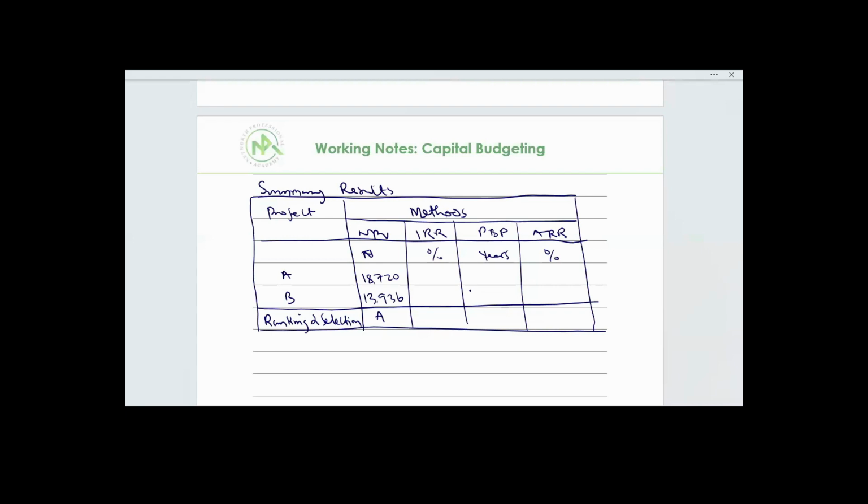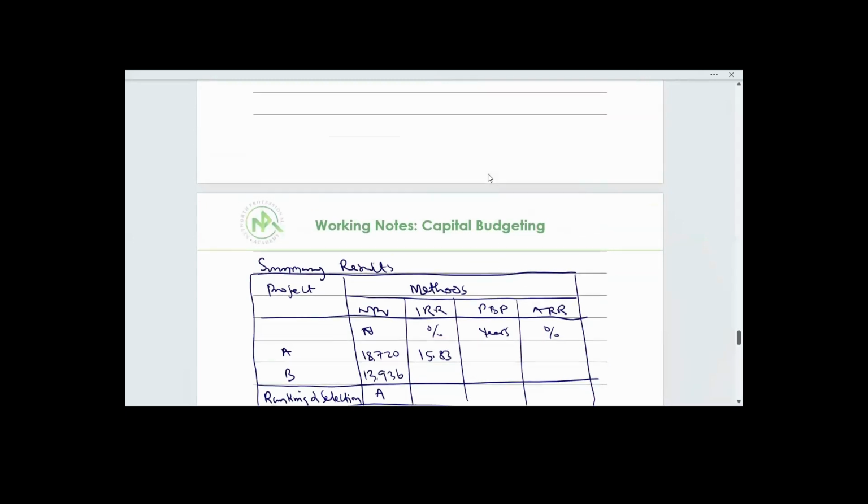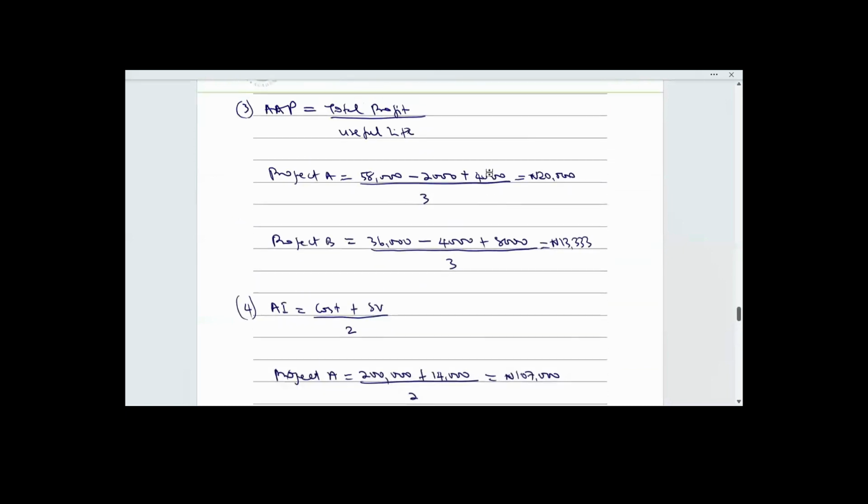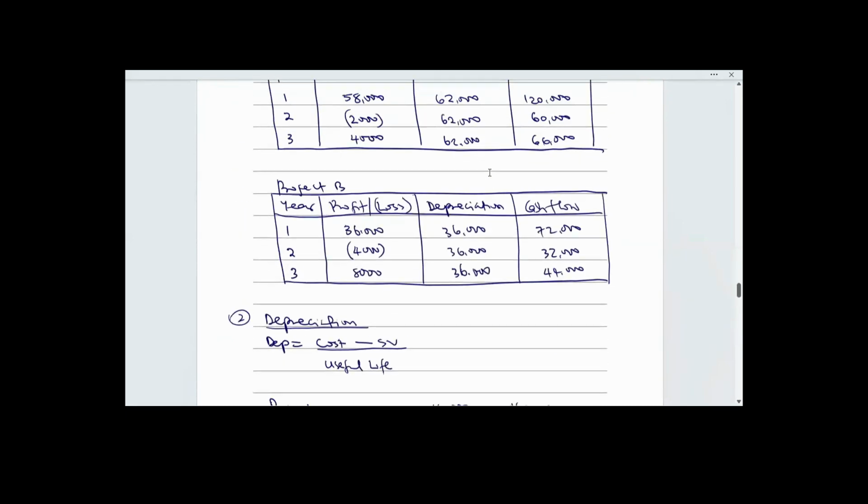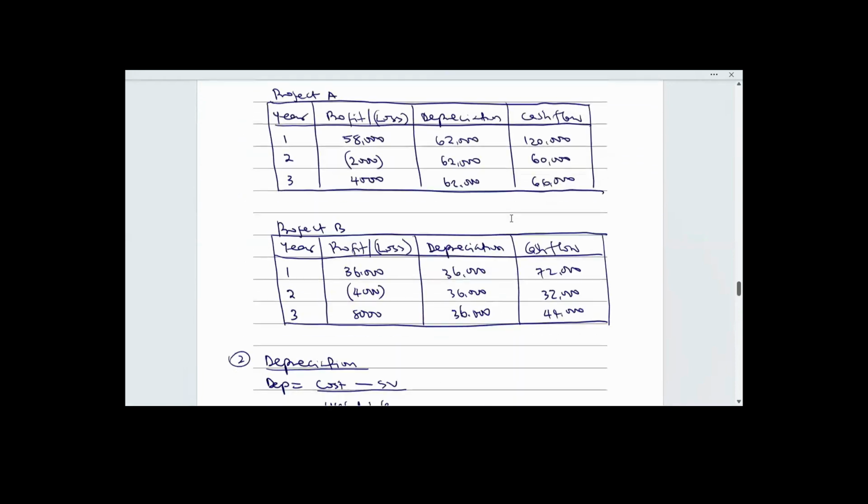So under IRR, we calculated 15.83 for project A. Let me confirm that. Is it 15.83? Yes, sir. 15.83.